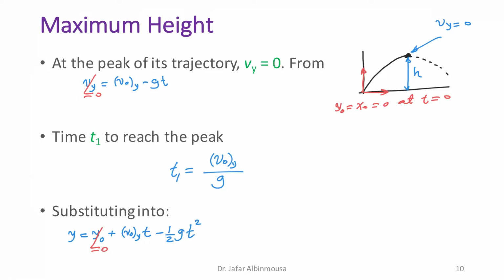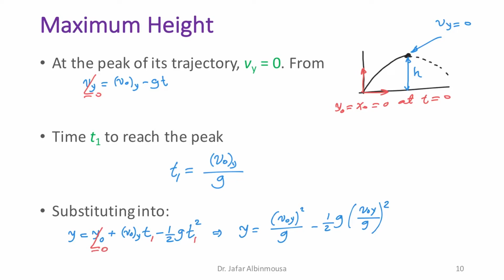Now, all I can do here is to substitute t1 in here. What I would get is y equals v0y squared over g minus half g multiplied by v0y over g all squared.